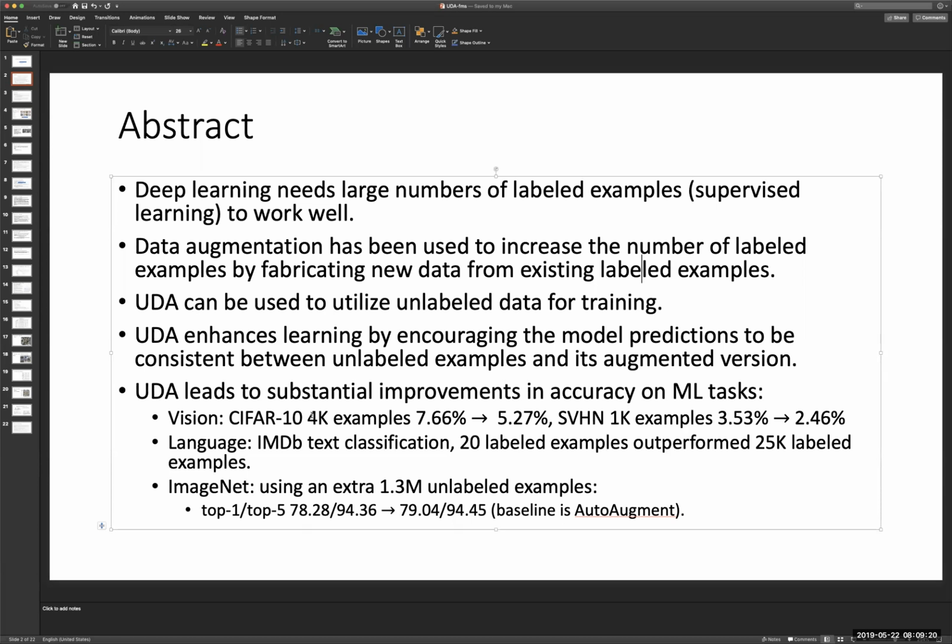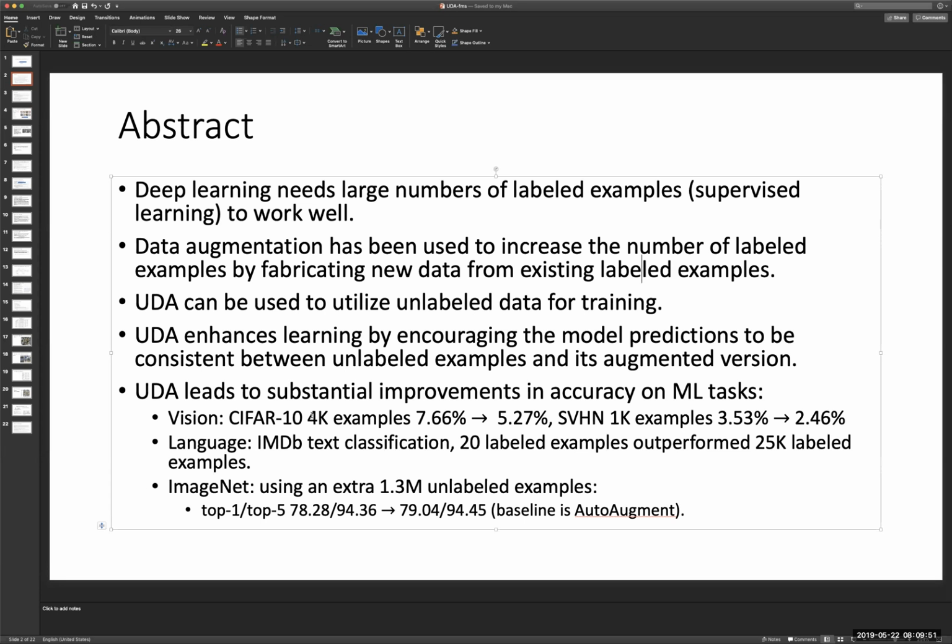And using only 20 labeled examples, it outperforms a model using 25,000 labeled examples. So this is quite dramatic. It's able to use less than 1,000th the number of labeled examples and work better.